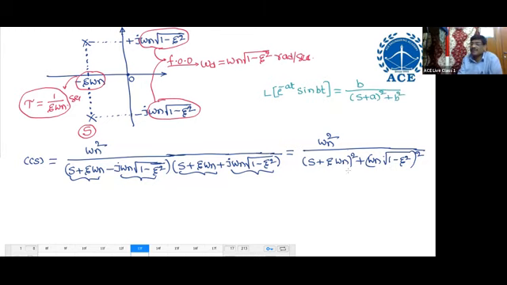Same form. Numerator b should be there, that means omega n root of 1 minus zeta square should be there. You adjust it, multiply and divide with root of 1 minus zeta square.